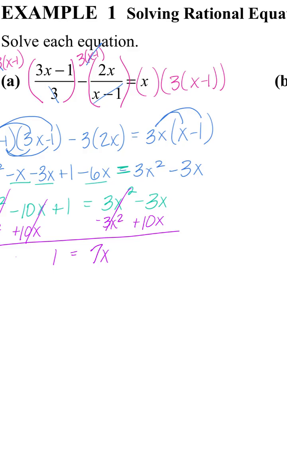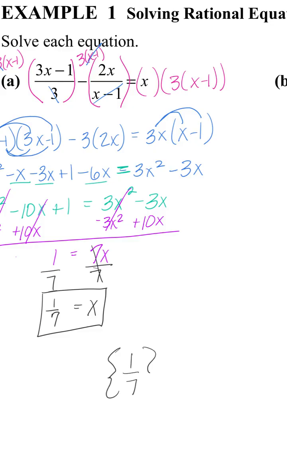And then I'm going to divide both sides by 7. And I get that x is 1 over 7. So your solution set, if they want you to do it as a set, is 1 over 7.